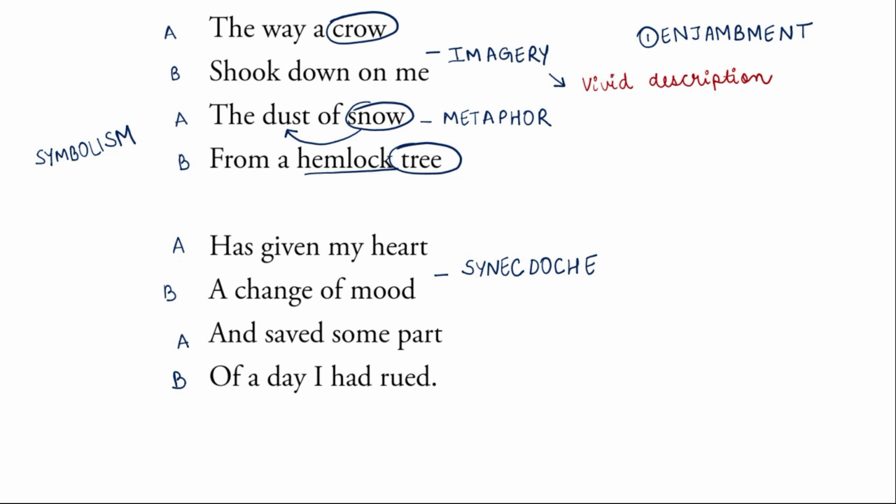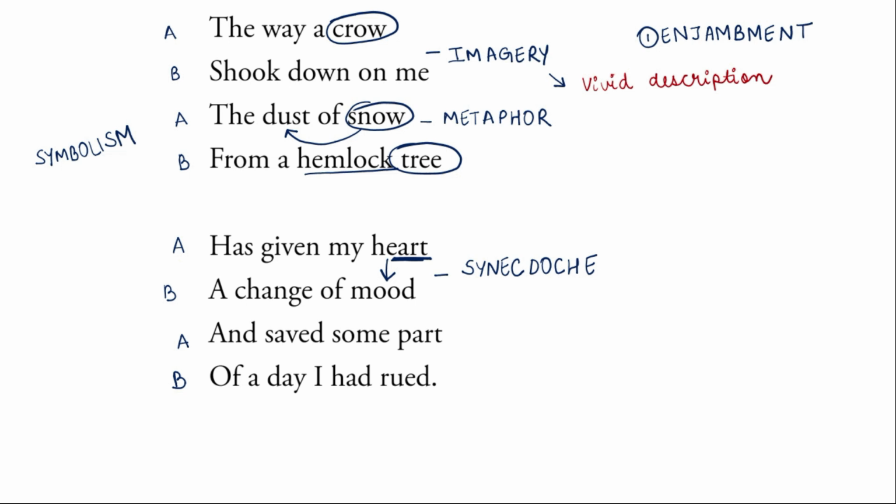Like here he said, when the crow came and shook down some snow from the hemlock tree and it fell on me, it has given a change of my heart. Here the heart has changed, which not only means that his heart has changed, but his entire mood has changed. So it refers only to a particular part, but it means the whole self.